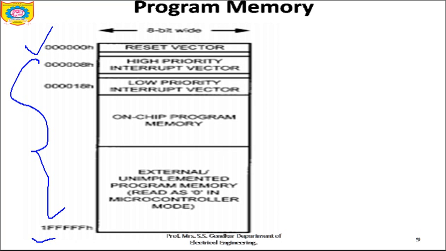It is a 21-bit register, split into 3 sections: program counter low, program counter high, and program counter upper, where program counter low is 8 bits, program counter high is 8 bits, and program counter upper is 5 bits. So in all it is 21 bits.